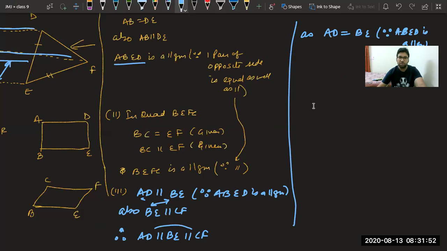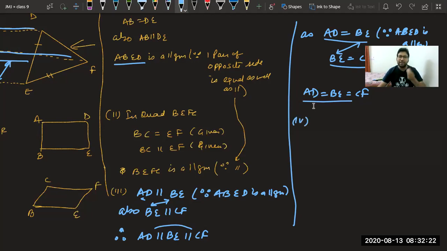Similarly, we know BE is equal to CF because BECF is also a parallelogram. So we have got two different worlds with one connecting link. This link will connect all of them and we will get all sides equal. So with that, our third part is also proved.